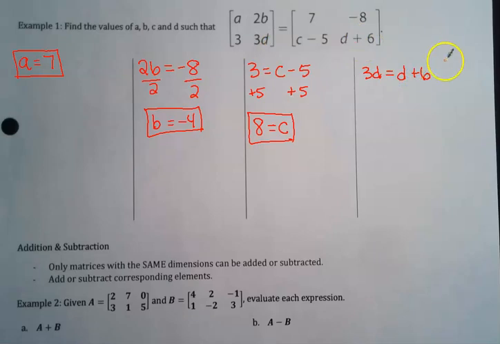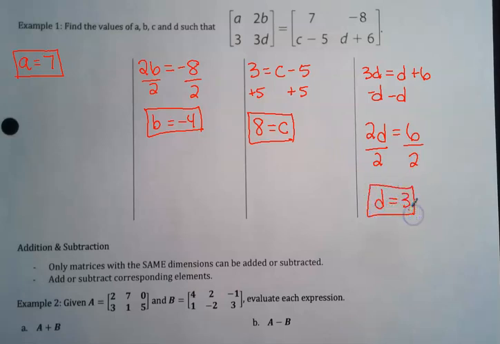All right, so how will we solve this one? Good, we're going to subtract D from both sides. 3D minus D leaves us with 2D equals a positive 6. Divide by 2. D equals 3. So pretty nice stuff right there. It's like, woohoo, we can do this.